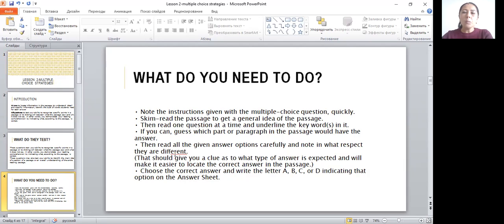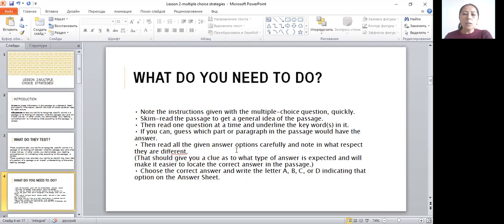And then one by one read the question and underline keywords. Underlining keywords plays a pivotal role in answering the questions correctly. And then guess which part or which paragraph you think your question's answer is in.